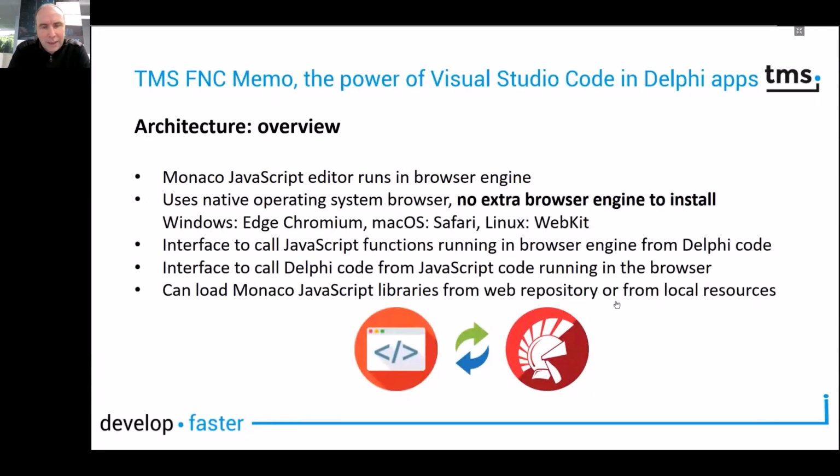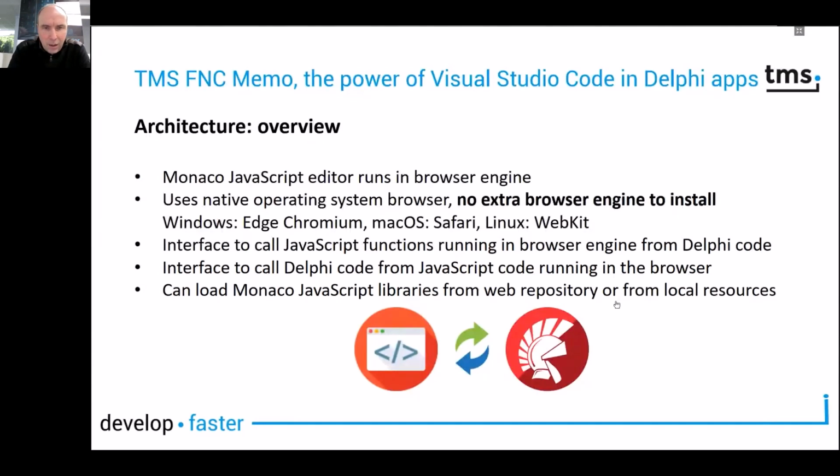Here we actually built the control around a browser engine, and within this browser engine we are running a JavaScript library. In this case, for the FNC Memo, it is the Monaco JavaScript library, and the Monaco JavaScript library is exactly the same library that is running inside Visual Studio Code.